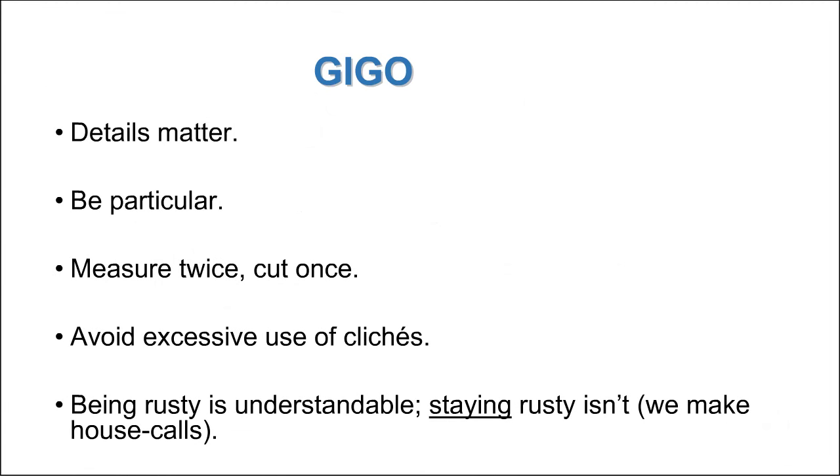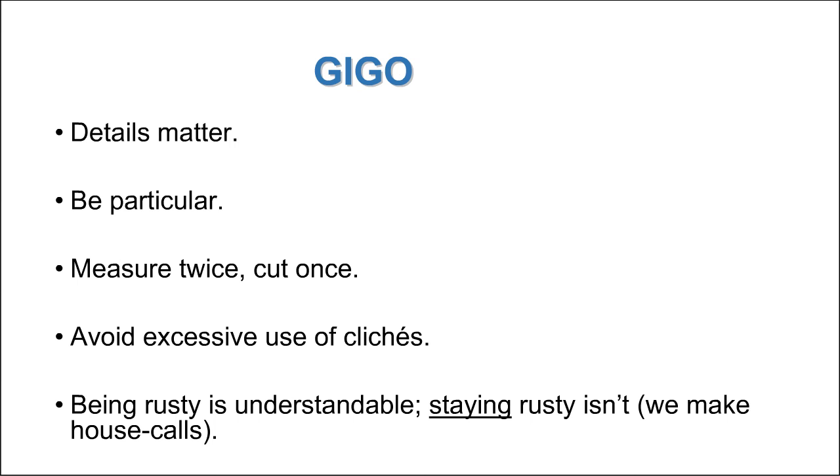Okay, so I guess what it really comes down to is the old adage GIGO: garbage in, garbage out. Or if you want to take the high road, it's good stuff in, good stuff out. When it comes to samples, a lot of things can get off the rails if we don't pay attention to details. Details matter.